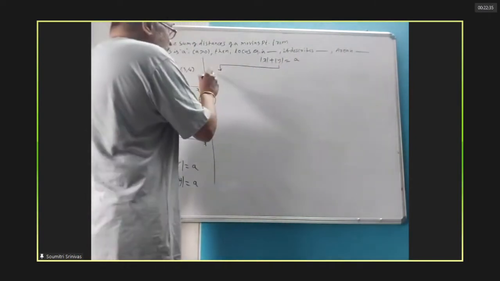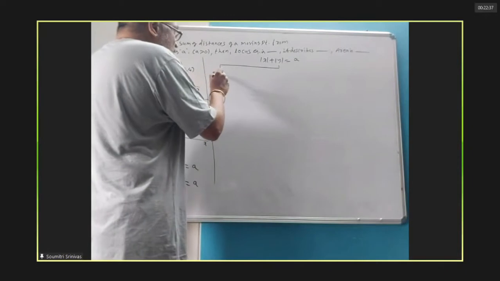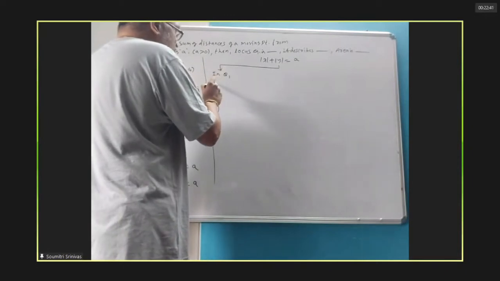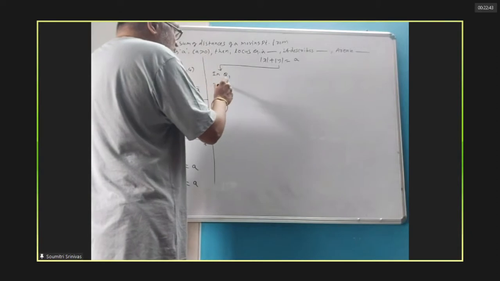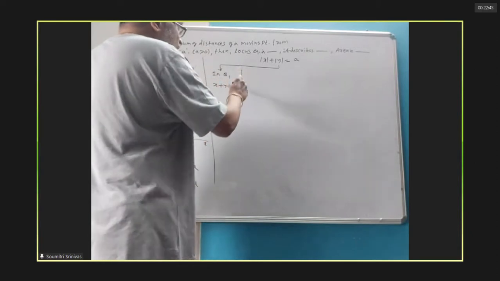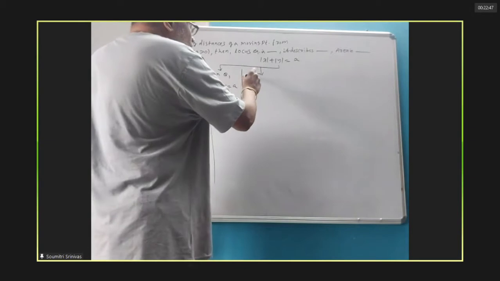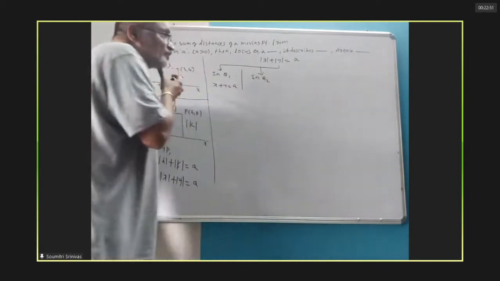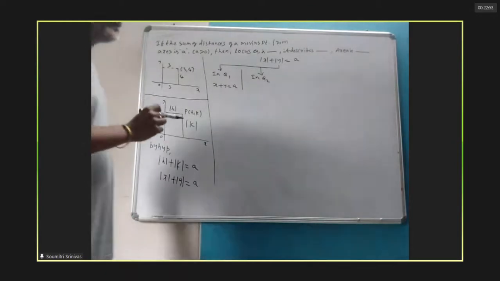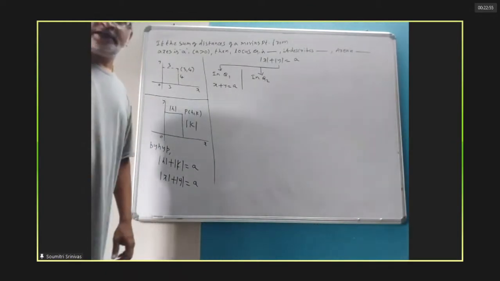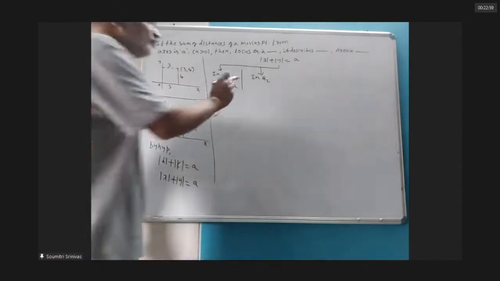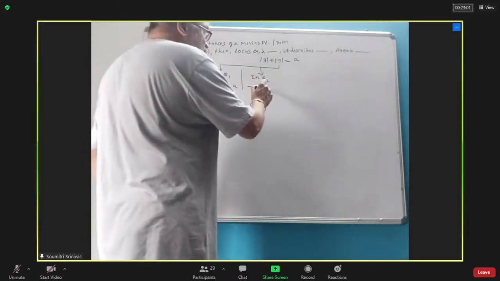In Q1, what does it become? In Q2, what does it become? In second quadrant, minus x plus y is equal to a, since x is negative and y is positive. So what does it become?